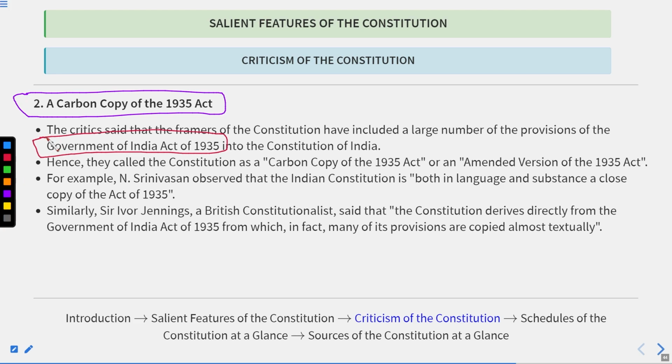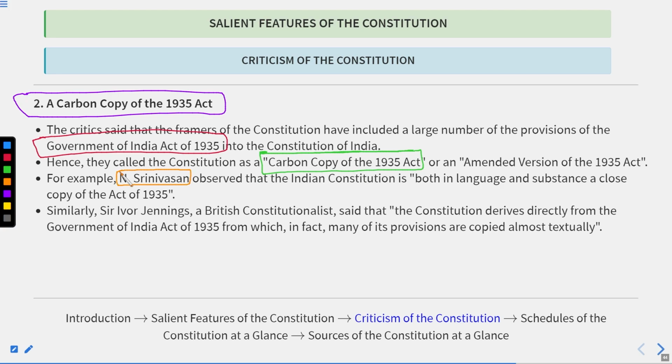Hence they call the constitution a carbon copy of the 1935 Act, or an amended version of the 1935 Act, or you can say the modified version. For example, Anne Srinivasan observed that the Indian constitution is both in language and substance a close copy of the Act of 1935. Okay, so he is the person who pointed out this thing.